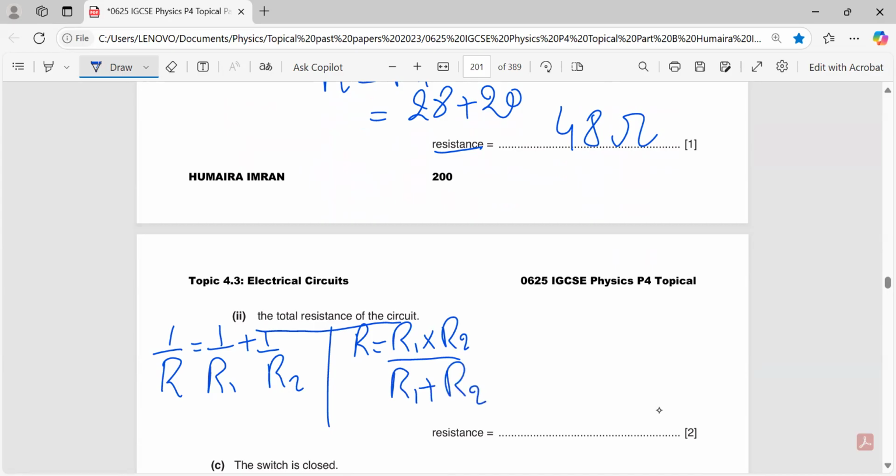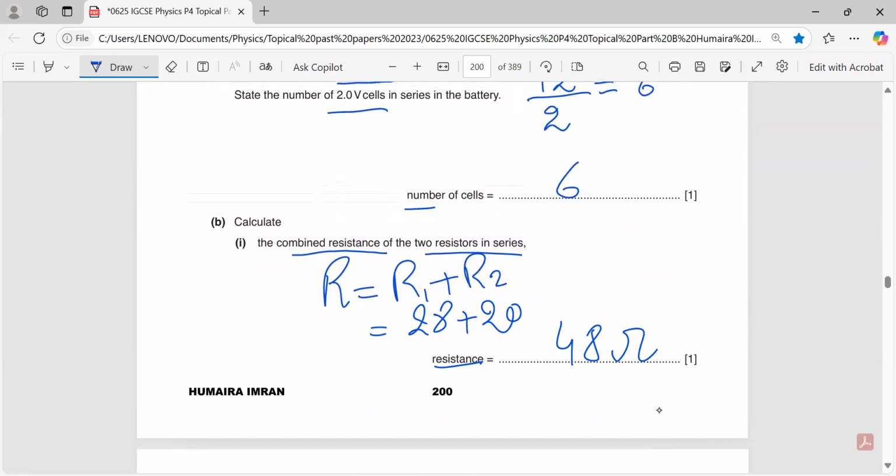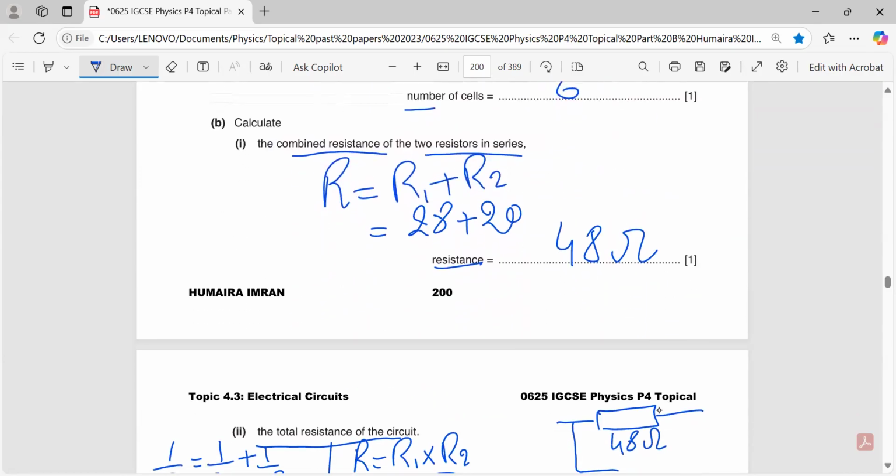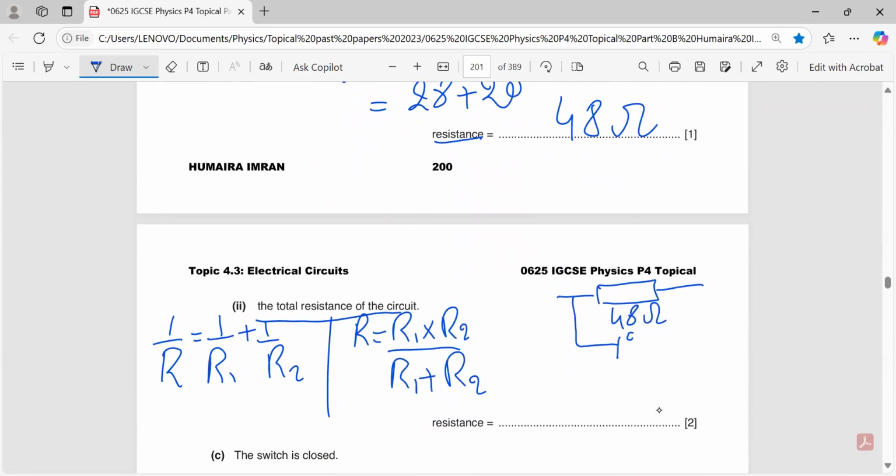How? Because when we calculated the combined resistance of the two resistors which are in series, we know that its answer is 48 ohms. And there is another resistor over there which is of 24 ohms. So we have these two resistors here which are in parallel with each other.